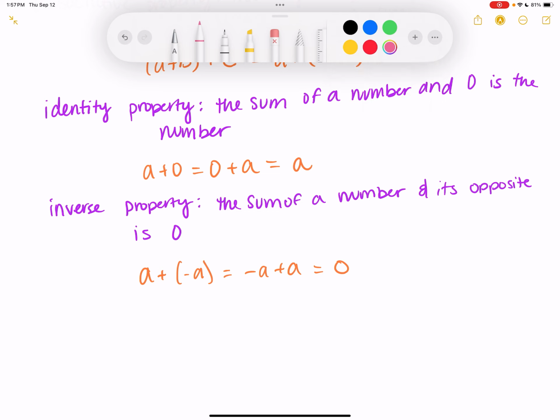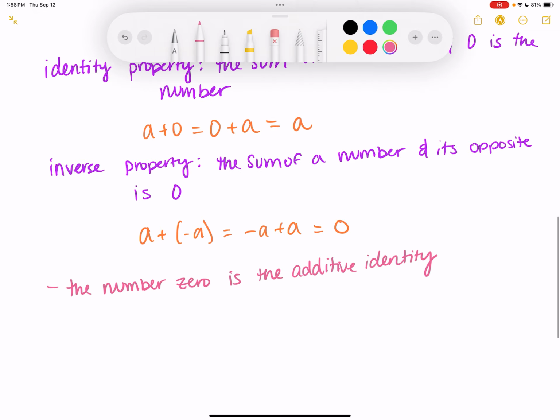Something that ties into these properties, but isn't directly listed as a property, is that the number 0 is the additive identity, and the opposite of a number is called its additive inverse.